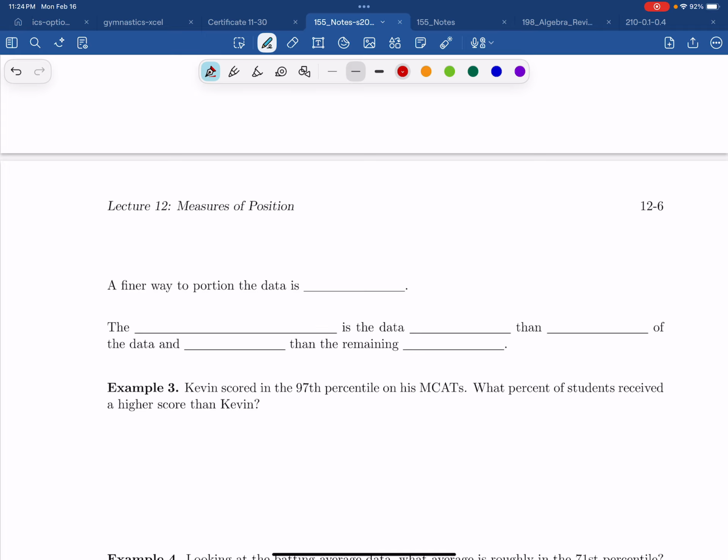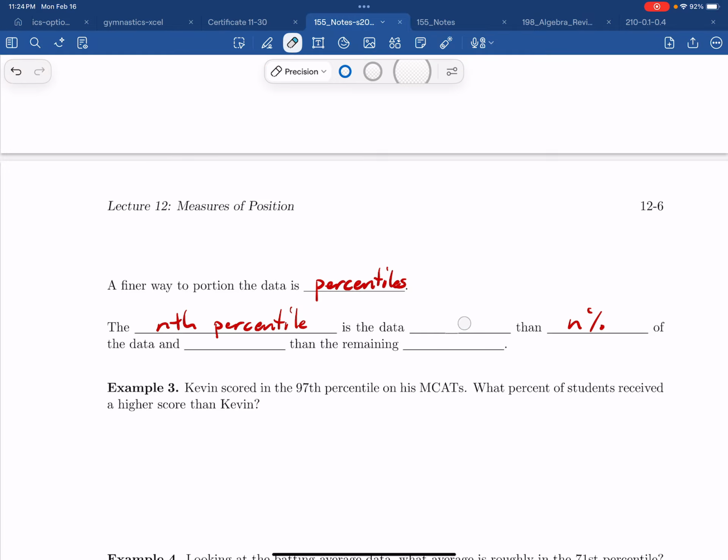Now, just one last thing before we sign off. A finer way to portion data is percentiles. The nth percentile of a data set is the data greater than n% of the data and less than the remaining 100 minus n%.